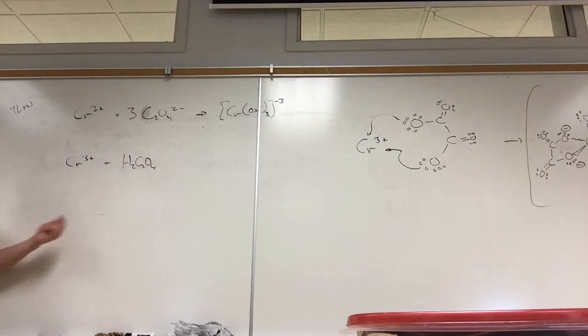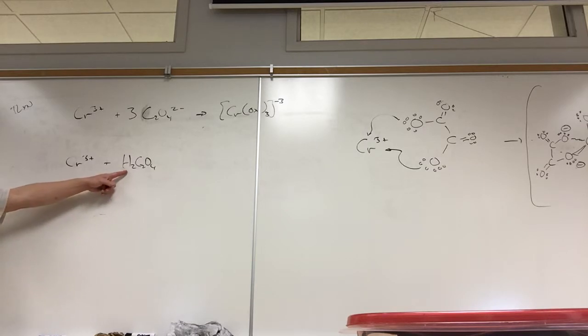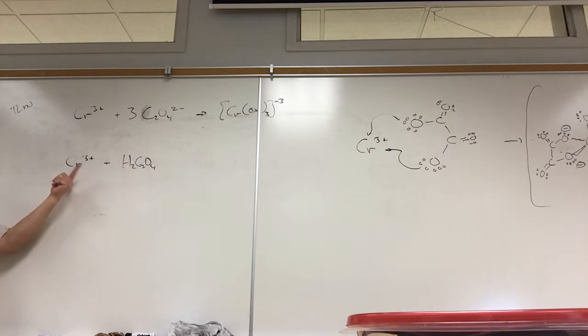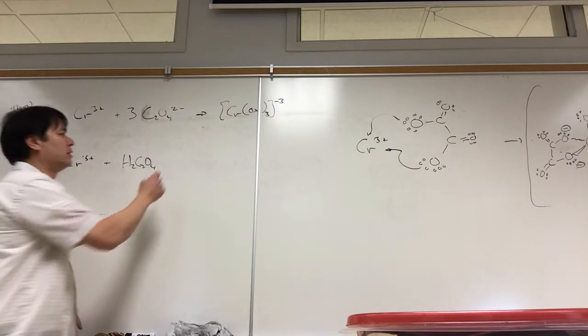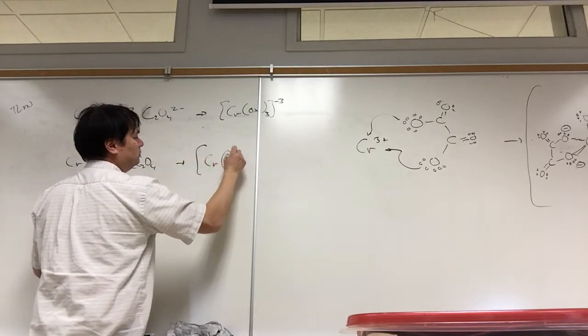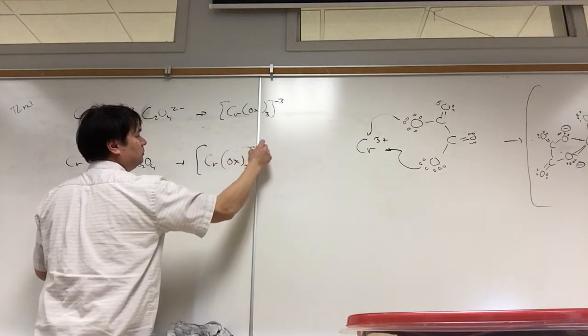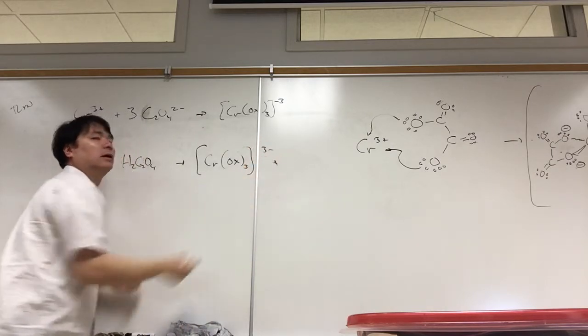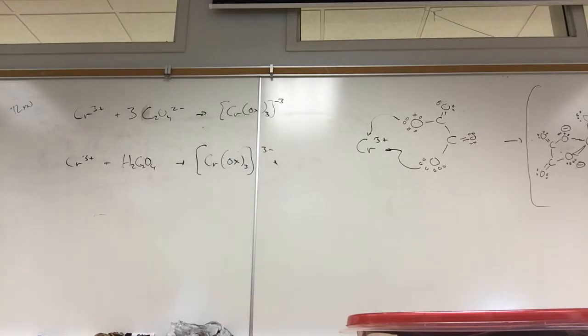Now, it depends on what's better, having a hydrogen covalently bonded to oxalate or having a chromium 3 covalently bonded to oxalate. And what do you think is stronger? Okay, that's actually the chromium 3 plus, and then what else is going to form?